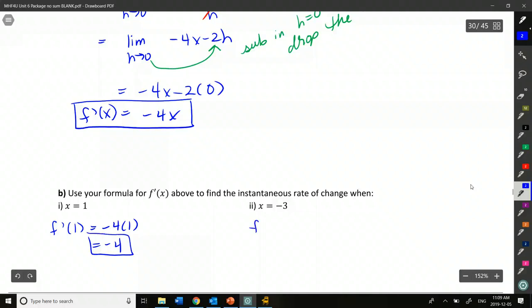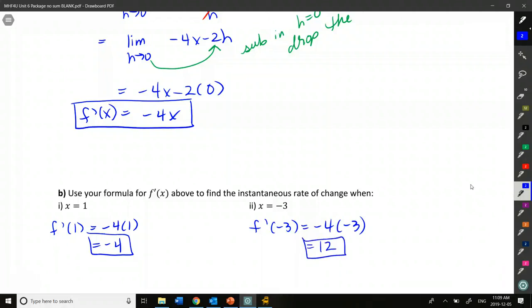And I'm going to evaluate f prime at negative 3, and I'll get 12. So the slope of my tangent line when x equals negative 3 is 12, or instantaneous rate of change is 12. What's all that just for negative 4x?